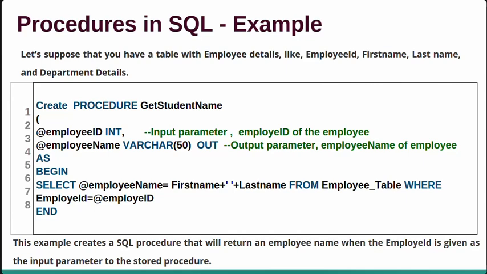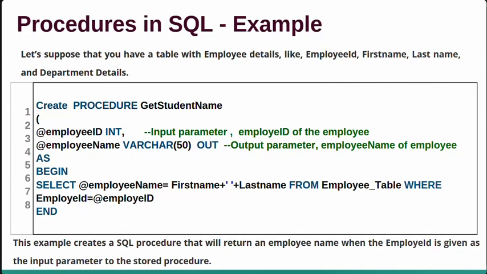Here the employee ID is the parameter which is passed to this procedure. Here we are going to retrieve the name of the employee. This example creates an SQL procedure which will return an employee name when the employee ID is given as an input parameter to the stored procedure.